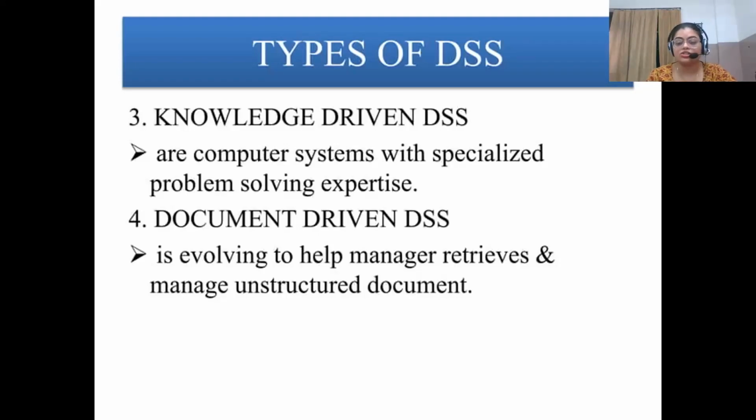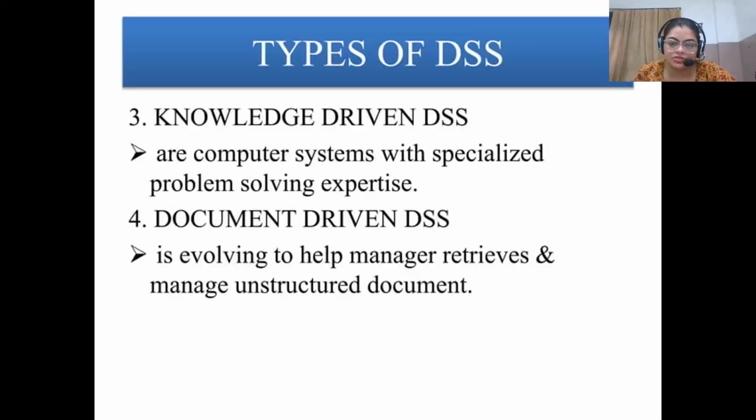So the system updates itself and is maintained by the knowledge management system, because it consists of a knowledge-based database of information. A knowledge-driven DSS provides information to users that is consistent with the company's business processes and knowledge. So basically, these are computer systems with specialized problem-solving expertise.